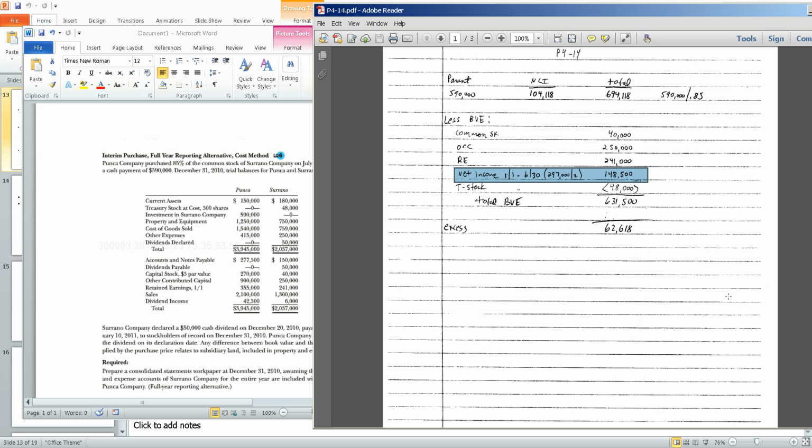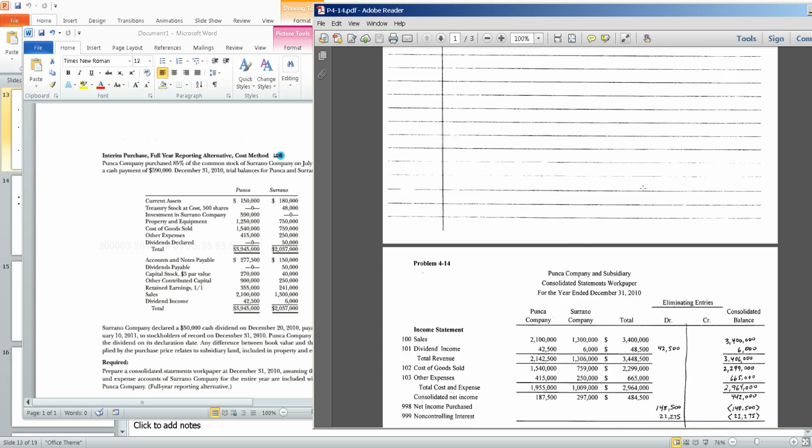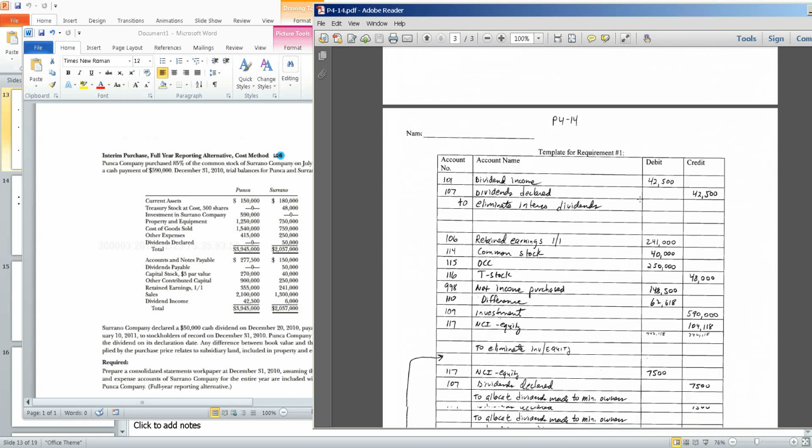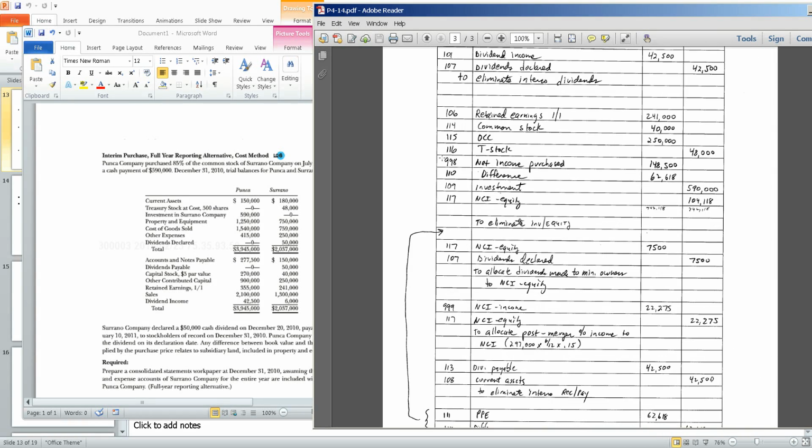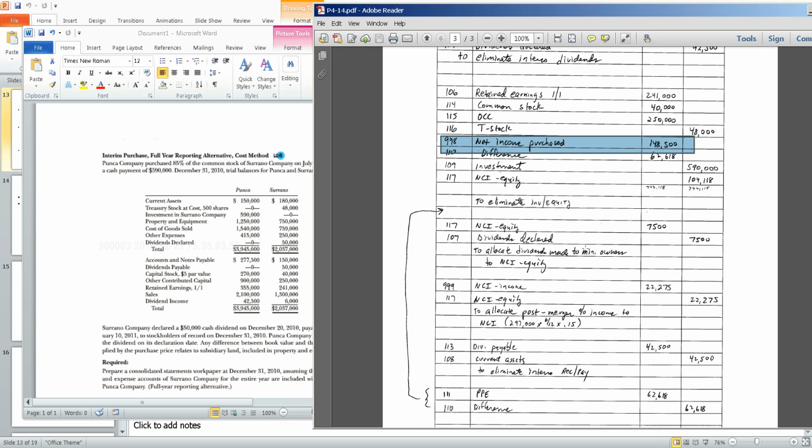The acquisition did not occur at the beginning of the year, therefore we had to take into account the income that arose from the beginning of the year up through the acquisition date in the calculation of book value of equity, which in turn is manifested as part of the entry that's made to eliminate the investment account against equity.